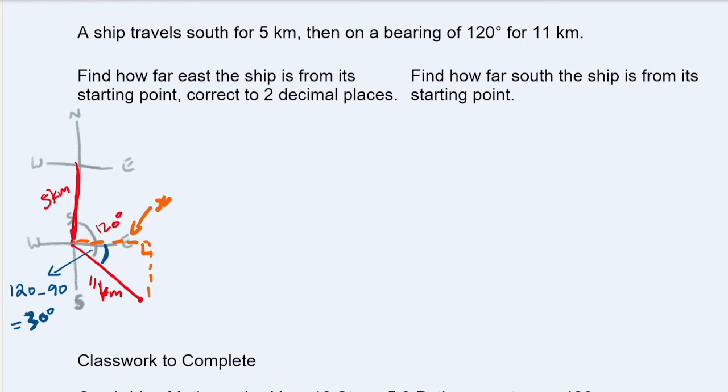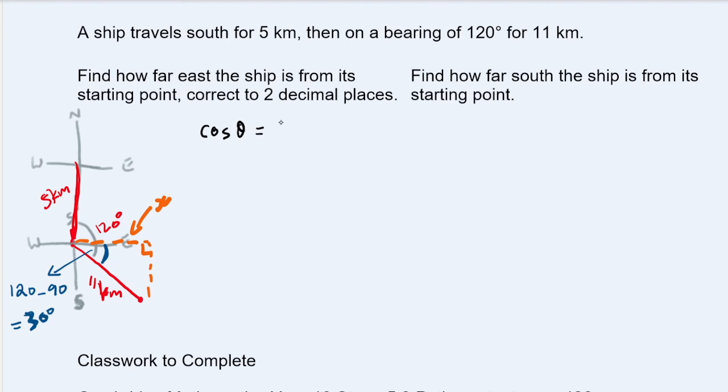So we know that we have a hypotenuse, so we can't use tan. We have an adjacent side, so we can't use sine, so it has to be cos. So cos of 30 degrees, we should actually start with our formula proper first, shouldn't we?